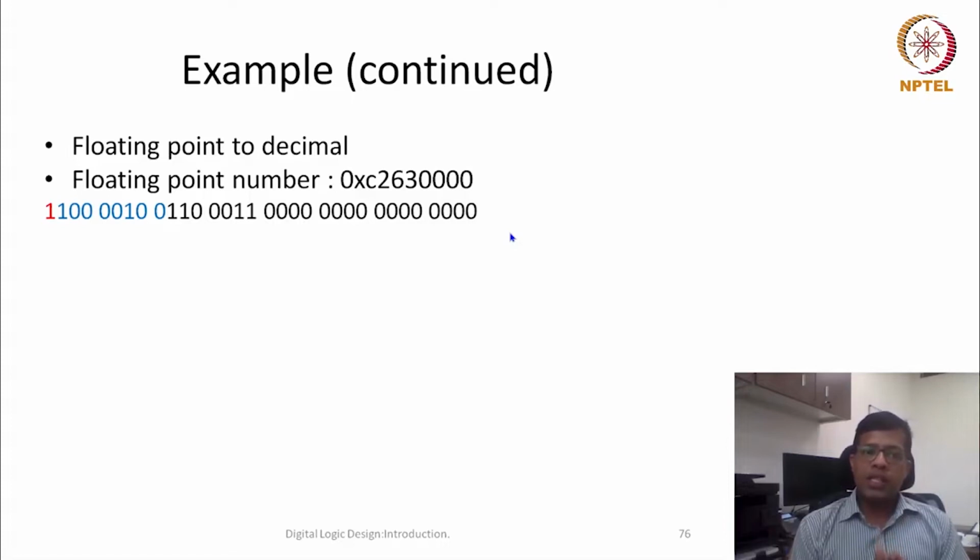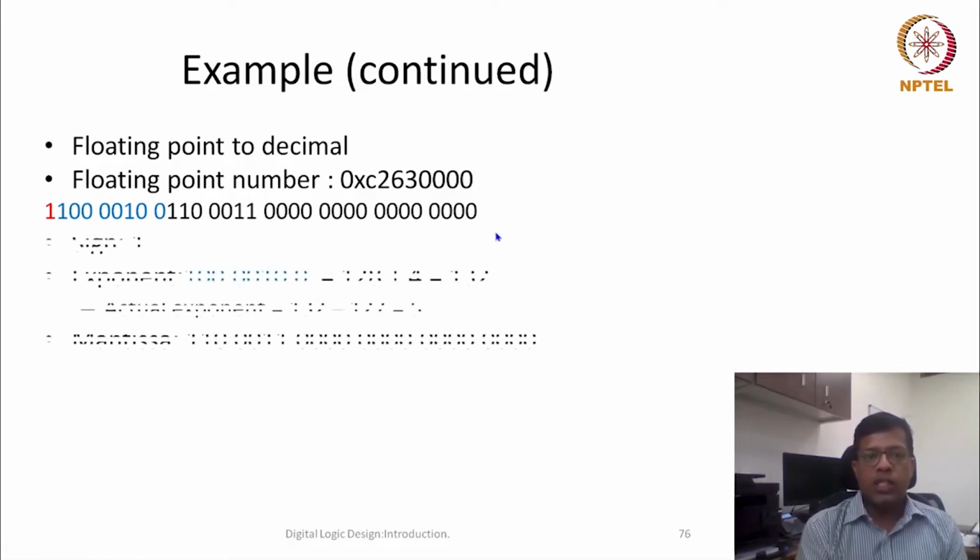From our previous lecture, we understand that each binary representation has a sign, exponent, and mantissa. We also know that the 31st bit in a 32-bit number represents the sign, and the next 8 bits, that means 1 0 0 0 0 1 0 1, represent the exponent, and the rest is mantissa. I'll write these separately.